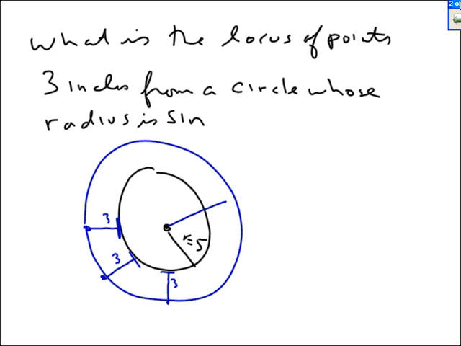5 plus 3 is 8 inches. But the question is, are there any other points that are 3 inches away? And the answer is absolutely. This point is 3 inches away from the circle.